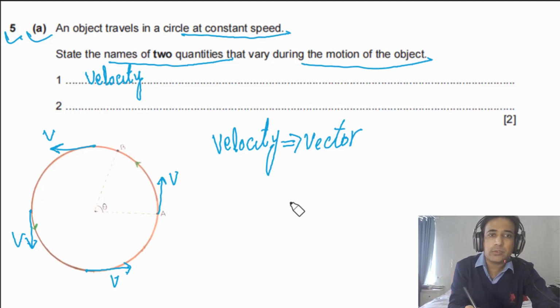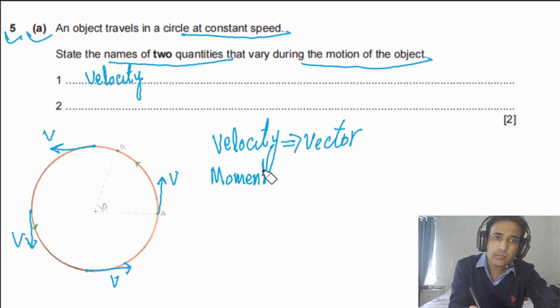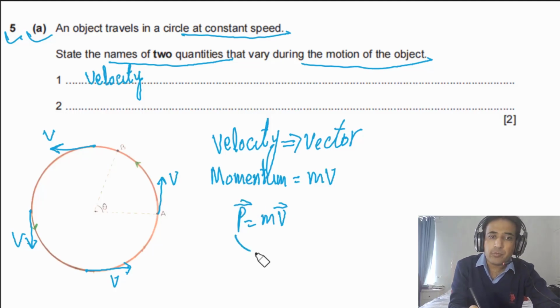Now we can also think about momentum of this object. Momentum p is equal to m times v. v is a vector, so momentum is also a vector. Momentum and velocity have the same direction.